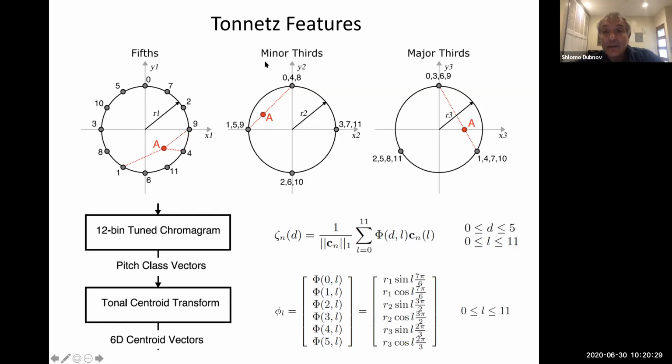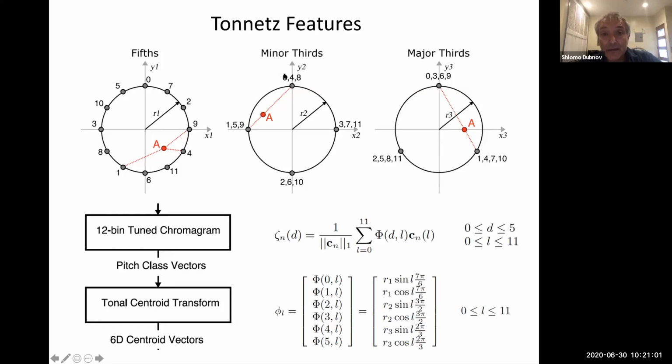Another consonant relation, or very common relation, especially in chords, is that you arrange notes with a distance of minor thirds or major thirds. Again, you have to look it up on the keyboard. Minor thirds, you will go, let's say, from C to the black note, which is E flat. So you go C, then C sharp, D, and then you go E flat. So these are 4 semitones apart.